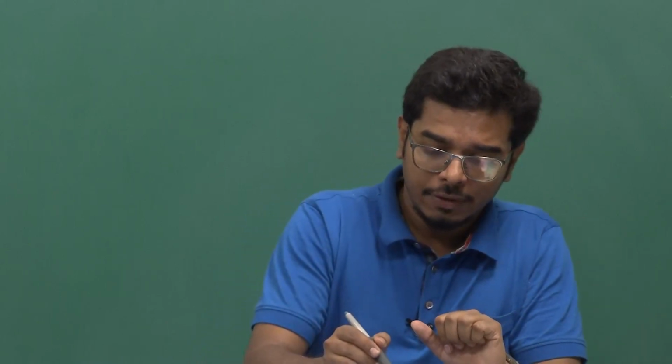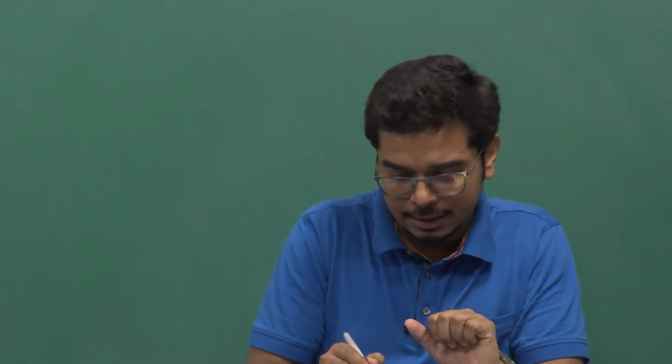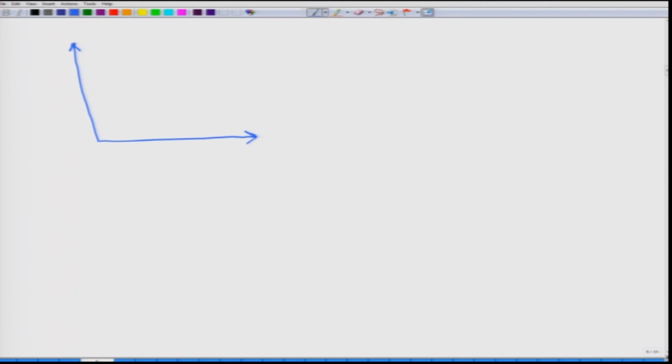So if I can show you again in a diagrammatic framework, this is my C and this is my H, and this is my first demand curve, the budget line when the individual is healthy.